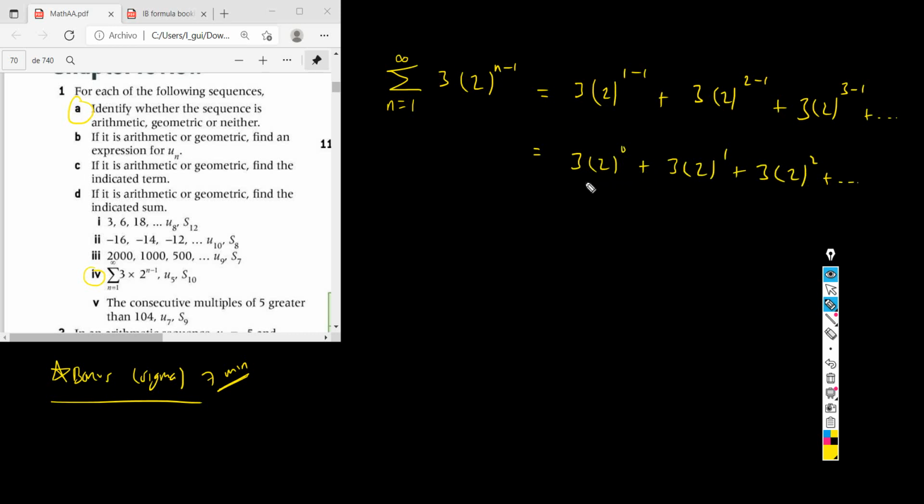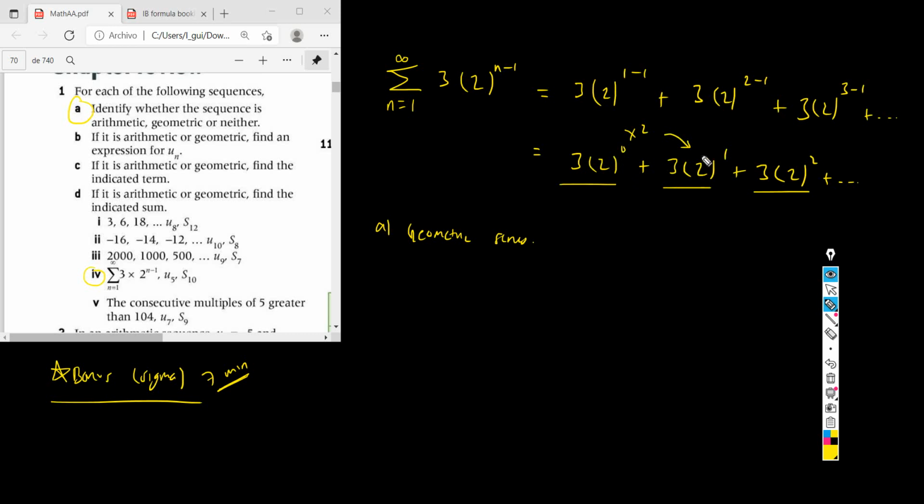Okay, so what type of series is this? This is a geometric series, clearly. Why? Because in order to get the next term out of the previous one, all you have to do is multiply by 2, right? If you multiply this by 2, you're going to be getting this.